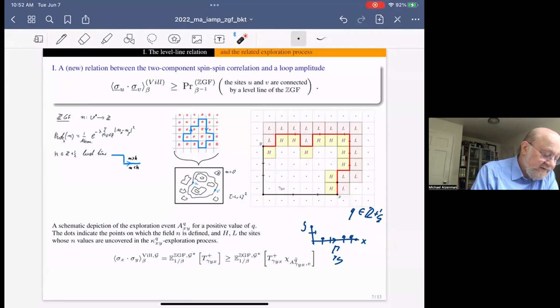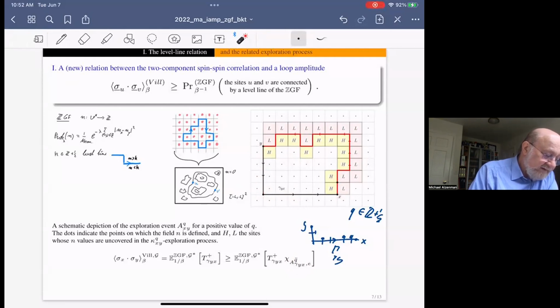If that happens, you just do nothing. You notice that the event A did not occur. However, A, Q tilde gamma XY, this complicated symbol, is the event that the exploration process actually produced a path which, starting from here, hits Y without previously hitting the path which we selected as gamma.